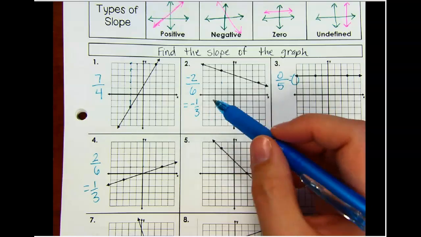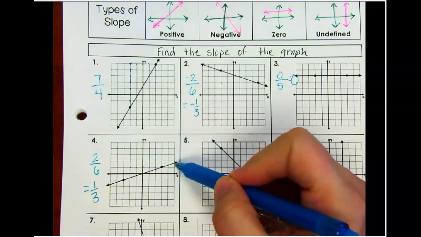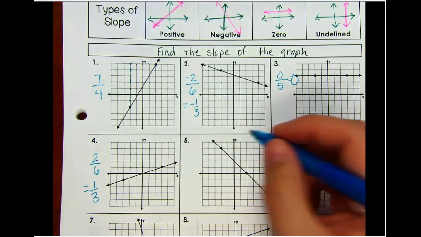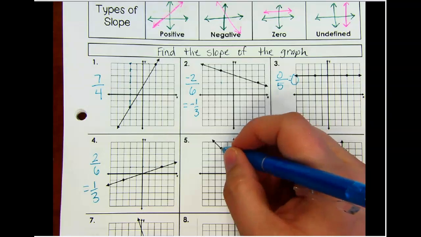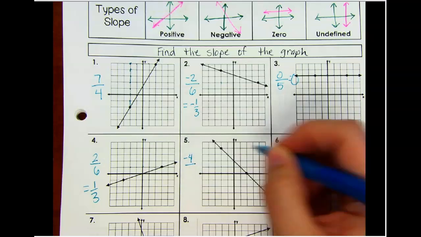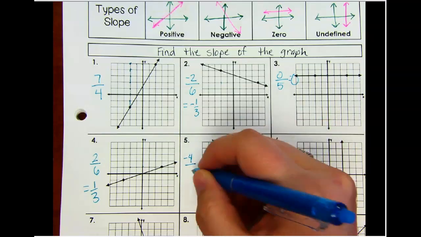And notice this one's going down. It looks like our negative. This one's going up, so it looks like our positive. All right, the next one, we're also going to go down 1, 2, 3, 4. And then we're going to run 1, 2, 3, 4.